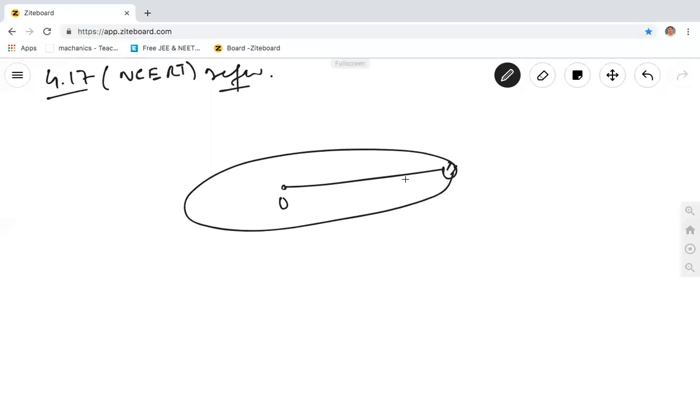The string is 80 centimeters long, and the stone makes 14 revolutions in 25 seconds.